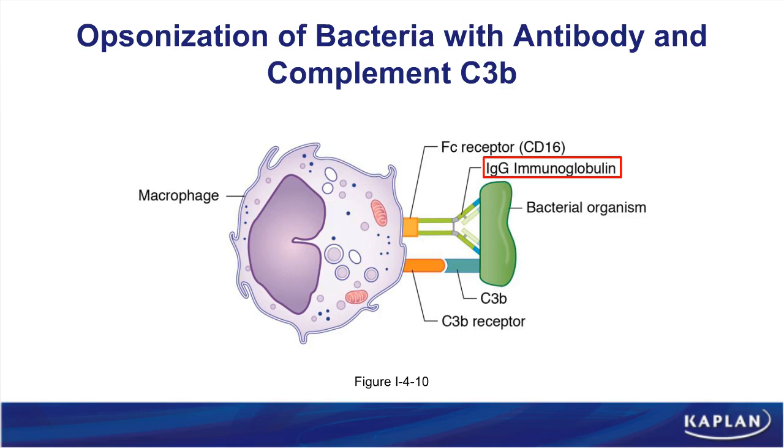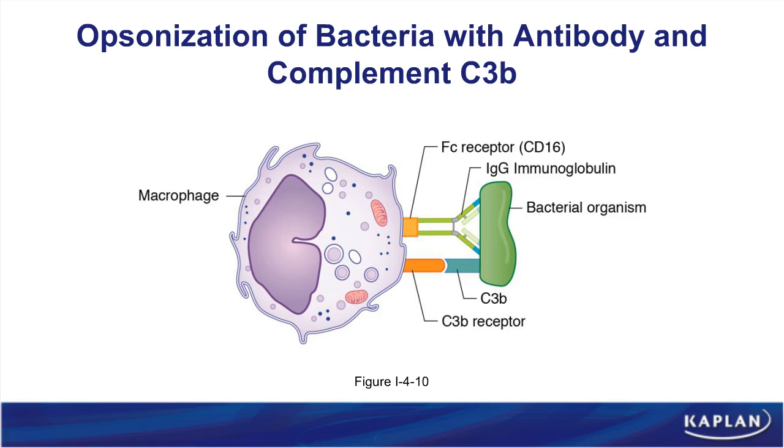So C3b binds to a C3b receptor, and IgG binds to an Fc receptor that you also need to know as CD16. This is going to be an important CD molecule for you to know. We've talked about some CD molecules already that you need to add to your arsenal. CD3 is obviously one of them.